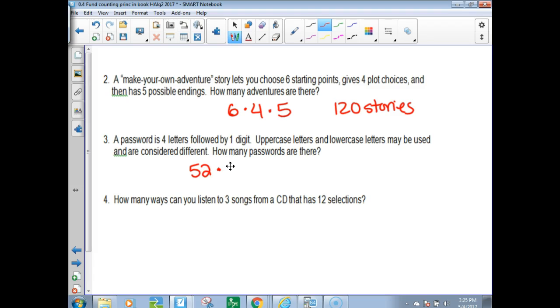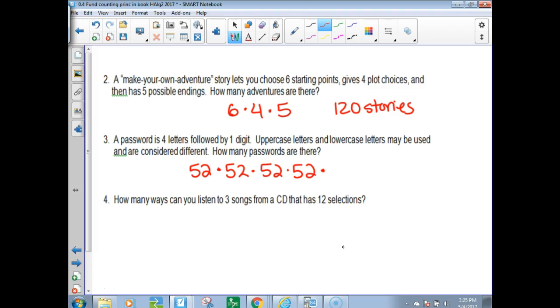You're going to have 4 letters. It says how many passwords are there? All right, 4 letters followed by 1 digit. 52 times 52 times 52. I guess you can repeat. They didn't say you weren't able to repeat the letters, so I am not worrying about that.